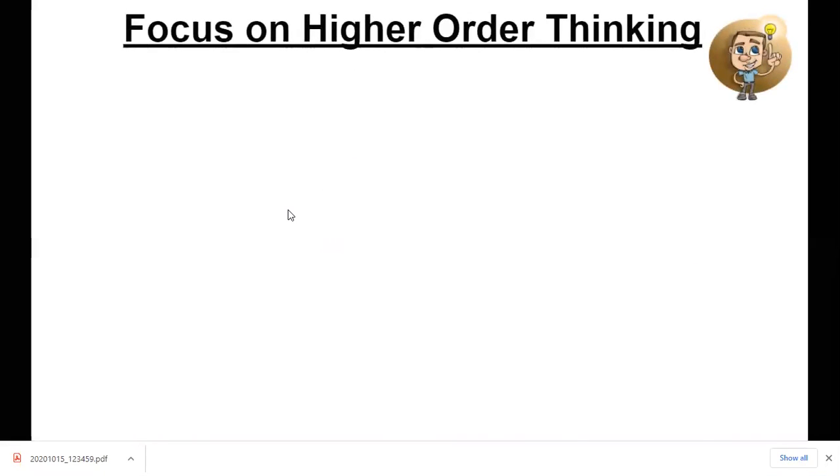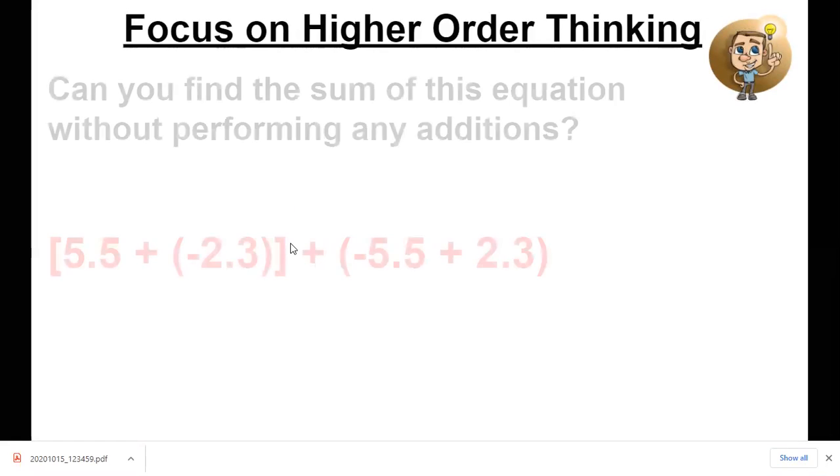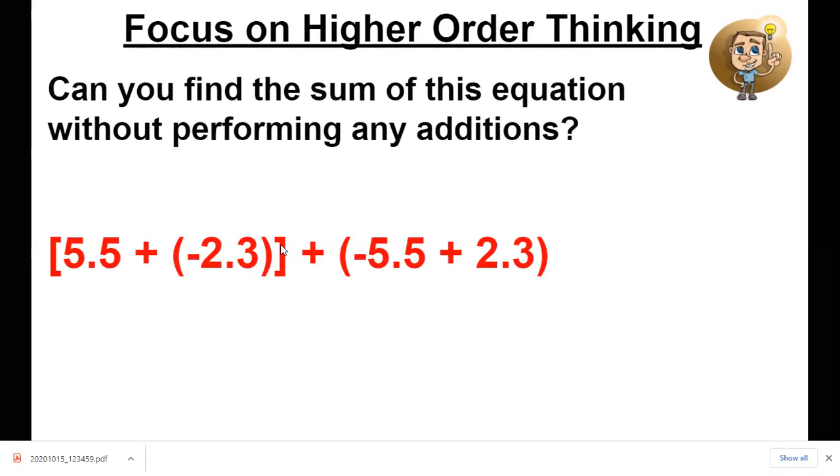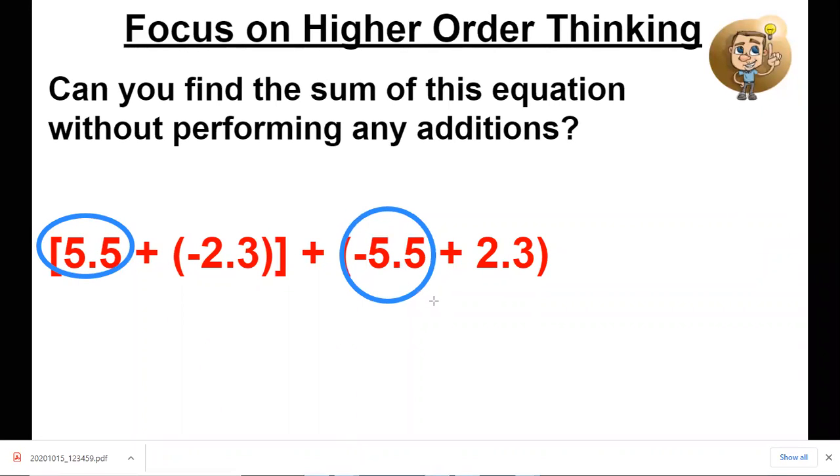Okay, we're on the focus on higher order thinking. So can you find the sum of this equation without performing any additions? Can you? Well, do you notice anything? I'm noticing something right now. Let me get a different color here. Do you notice how these are additive inverses? And notice how these are additive inverses.